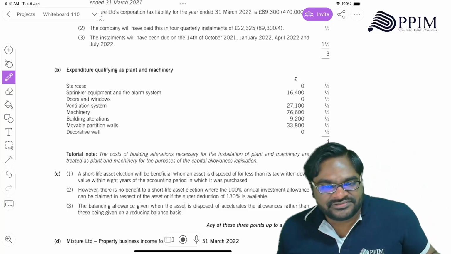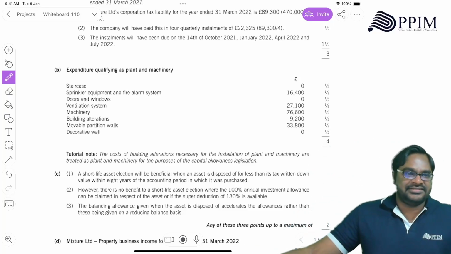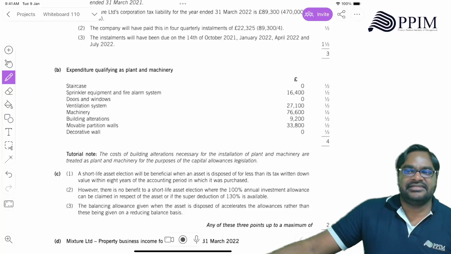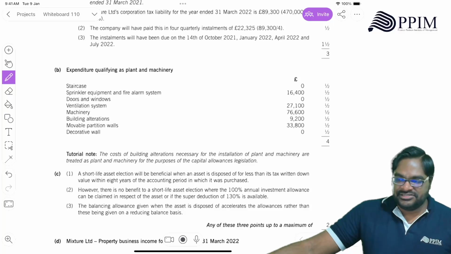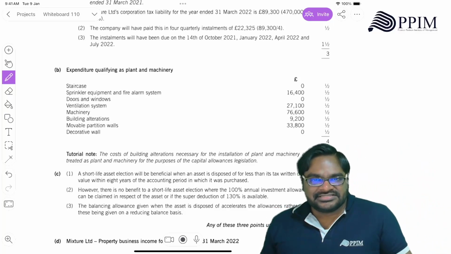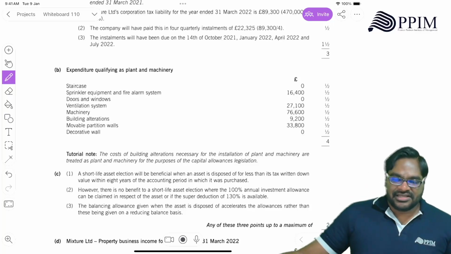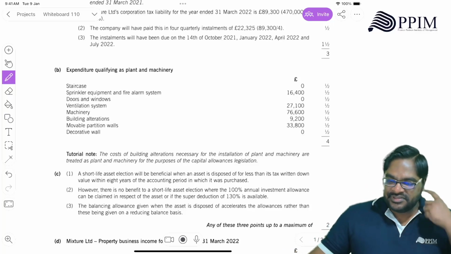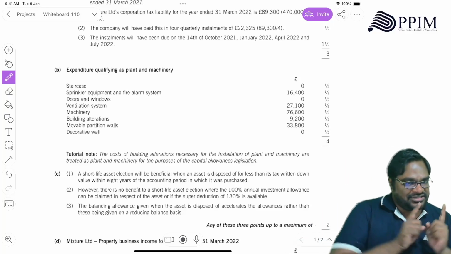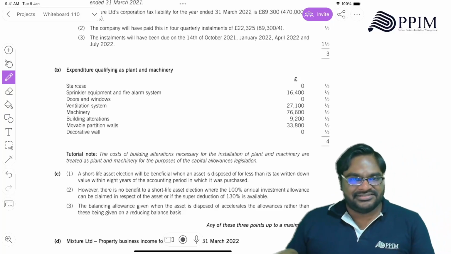Then doors and windows, again, it's a part of the building, not a separate asset. So that also falls under structures and buildings. So we don't take that. Ventilation system, yes, it's a separate asset. So it comes under plant and machinery. Building alteration, technically no, but this alteration is done to install a machine.